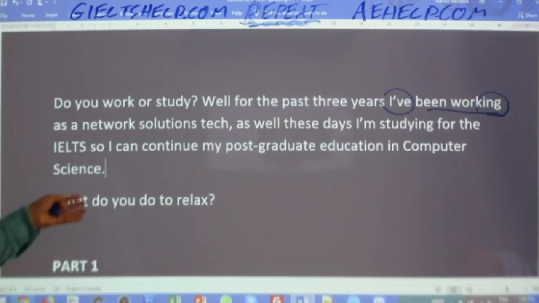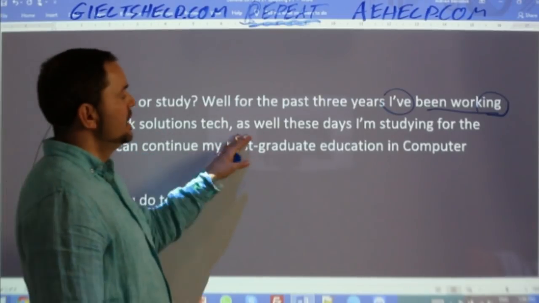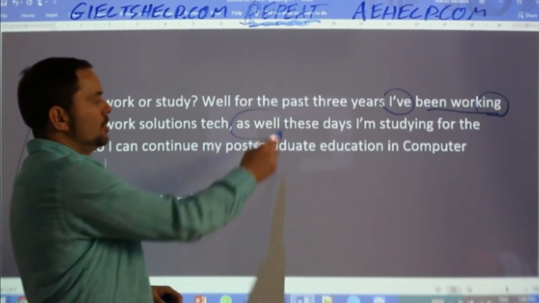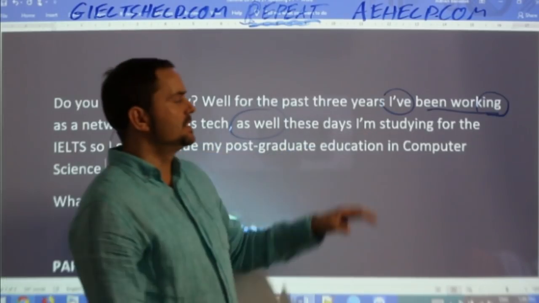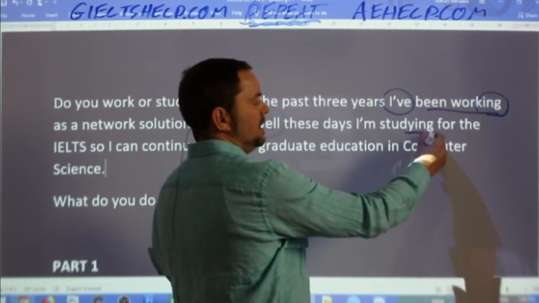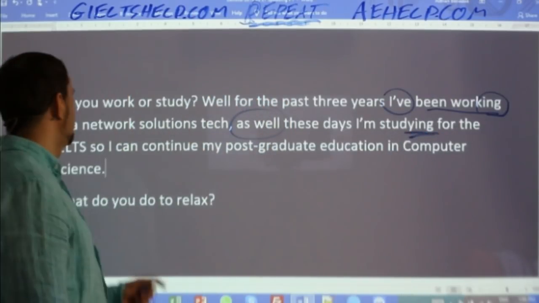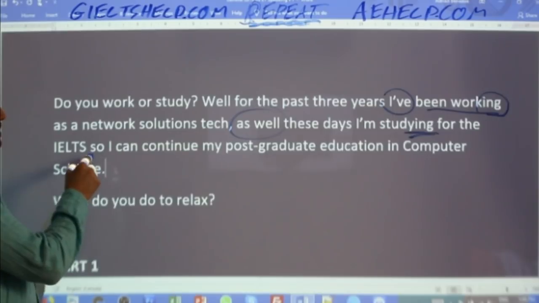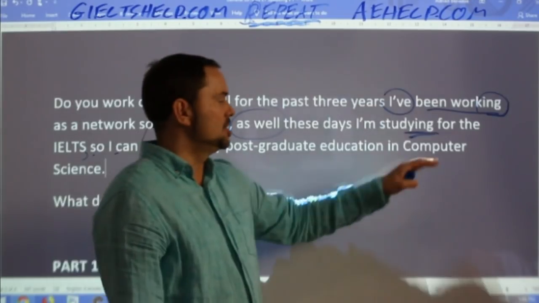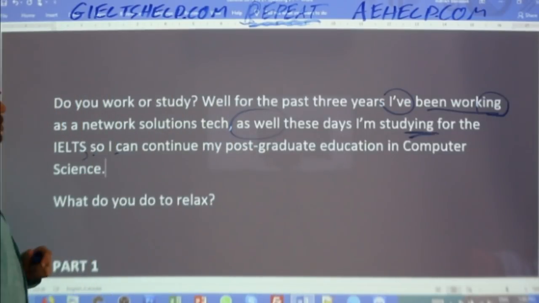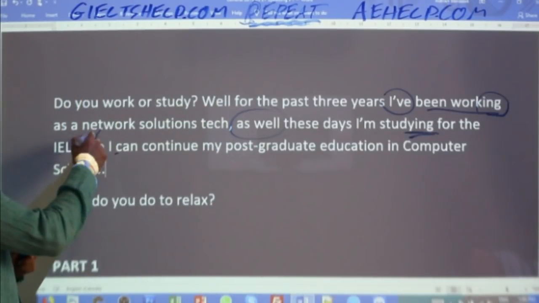And I'm working as a network solutions tech, and then I'm joining the words or the sentences as well. These days, I'm studying. I'm staying with the progressive, studying for the IELTS so I can continue my postgraduate education in computer science. Notice how I don't stop here.